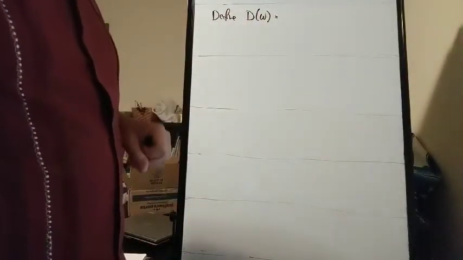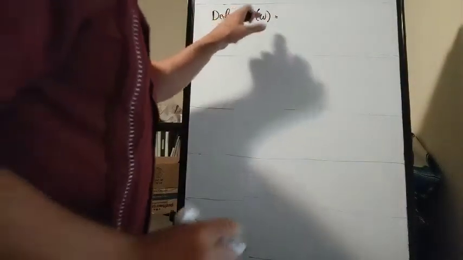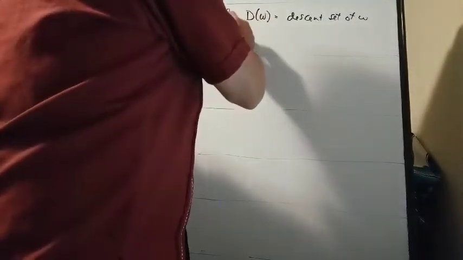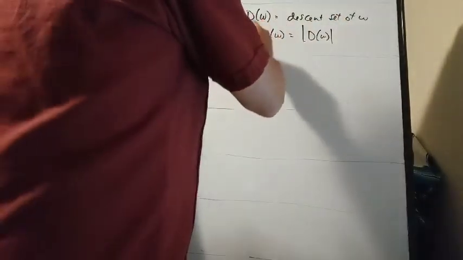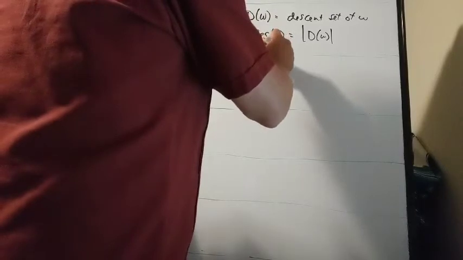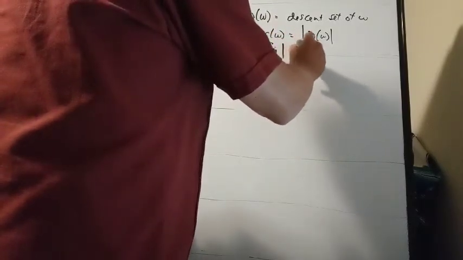Now, given a permutation W in the symmetric group, let's define capital D of W to be the descent set of W. So that means the number of descents in W is the cardinality of this set. Precisely, this is the set of indices i such that W_i is greater than W_{i+1}.